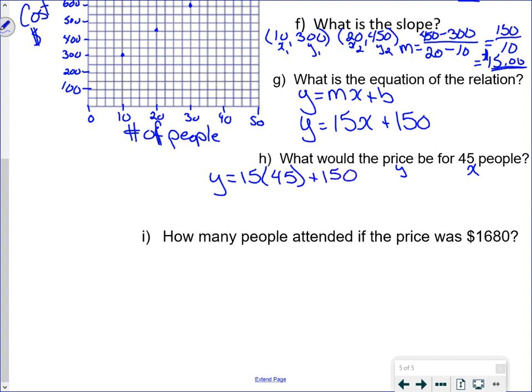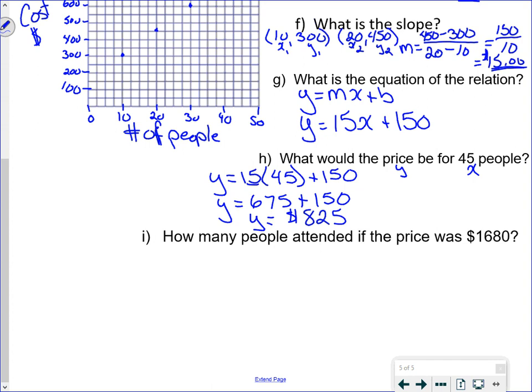This means $15 for each of the 45 people, and then the extra $150 for the flat rate. So we will have $675 plus 150. So the cost would be $825.